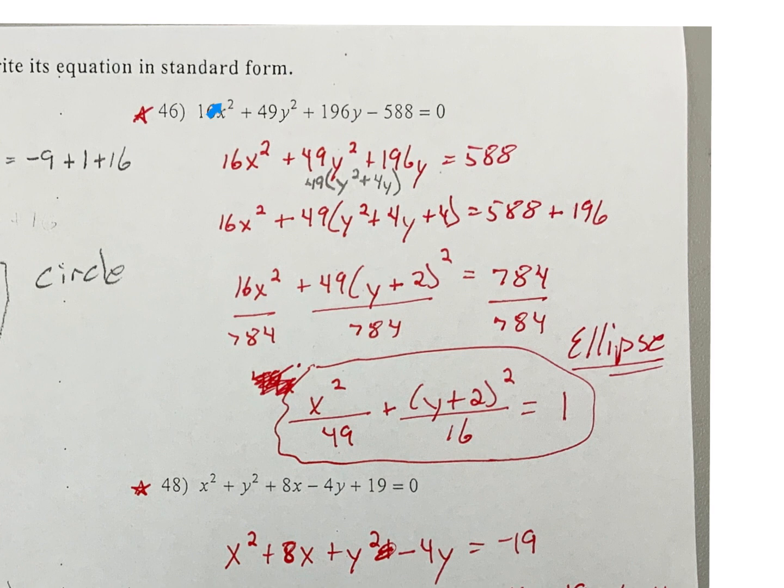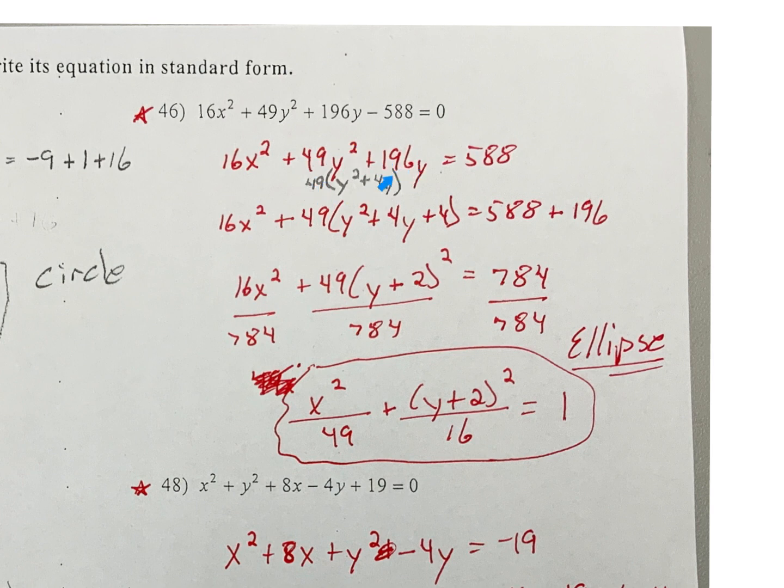So 16x squared, and that'll be by itself. Now we have a plus 49y squared plus 196y equals, I moved the minus 588 over and got positive 588. Now this part right here, sometimes I do this step all in one. So let me just show you. I'm factoring out 49. And then that leaves me y squared plus 4y because 49 times 4 is 196.